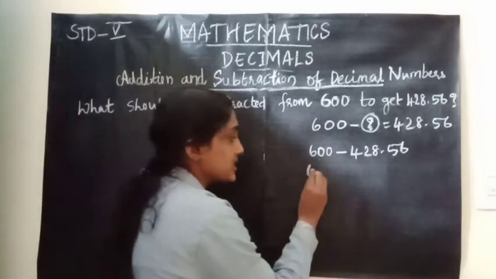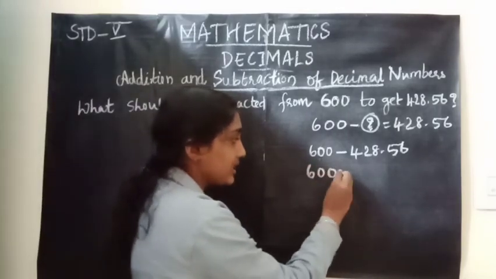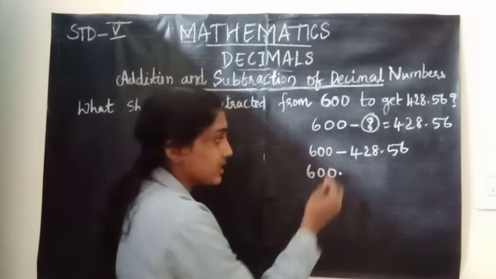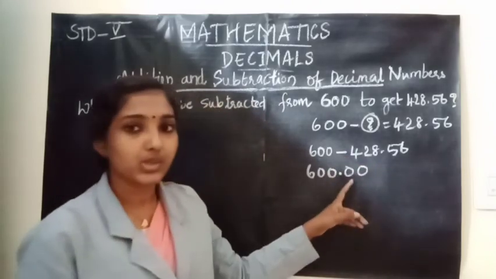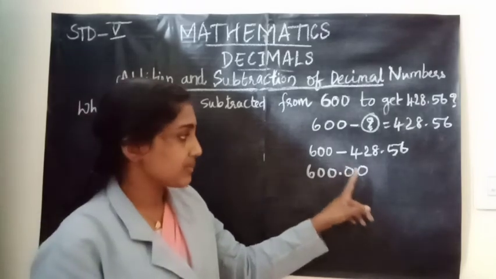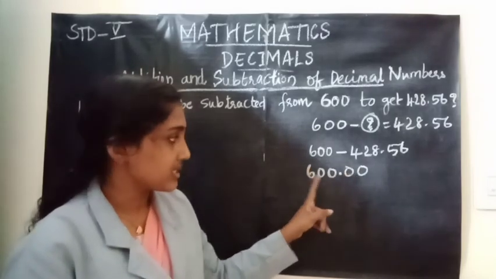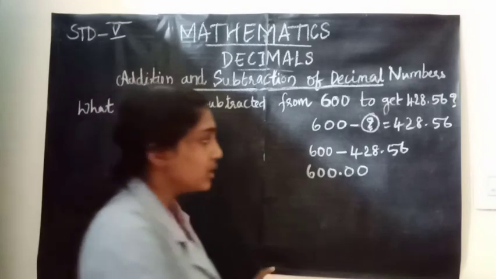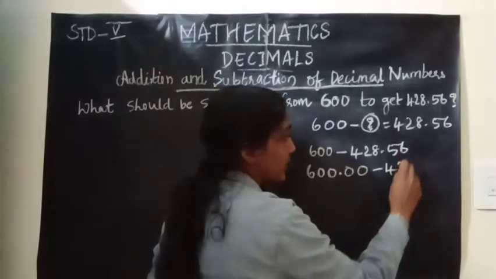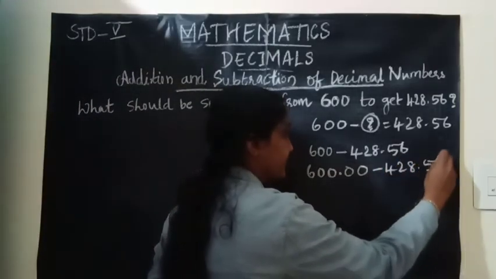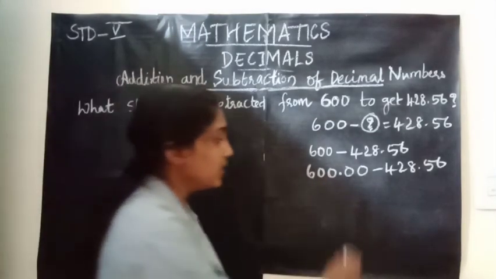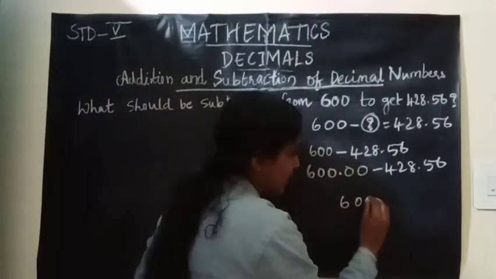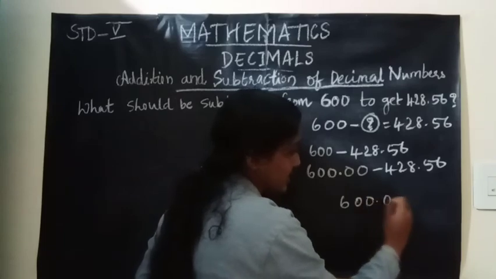We write 600, put a decimal point, and after that write 2 zeros. Now 2 decimal places are there. So it is 600.00 minus 428.56. Now they are like decimals, so we can subtract.